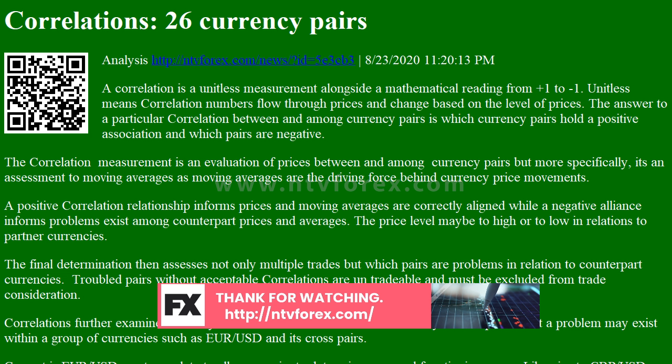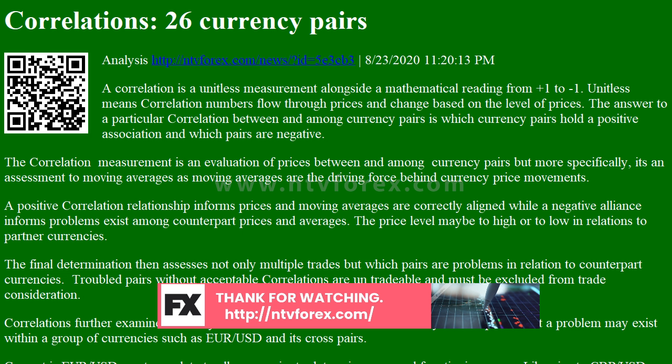CHF correlation as problem. GBP USD vs GBP CHF 98%, NZD USD vs NZD CHF 28%, AUD USD vs AUD CHF 91%, EUR USD vs EUR CHF 98%, USD CAD vs CAD CHF 78%. Troubled pairs are GBP CHF and NZD CHF, as both bolted from the GBP and NZD universe.